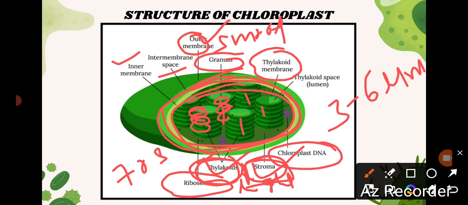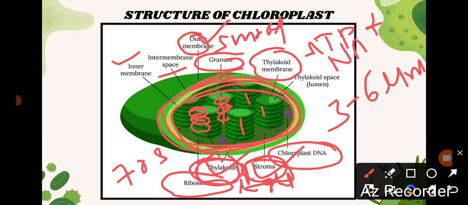The enzymes are required for this, mainly the ATP synthase enzyme, and these are mainly found in the thylakoid membrane. It's where light energy is mainly converted into chemical energy. The end products are ATP and NADPH.